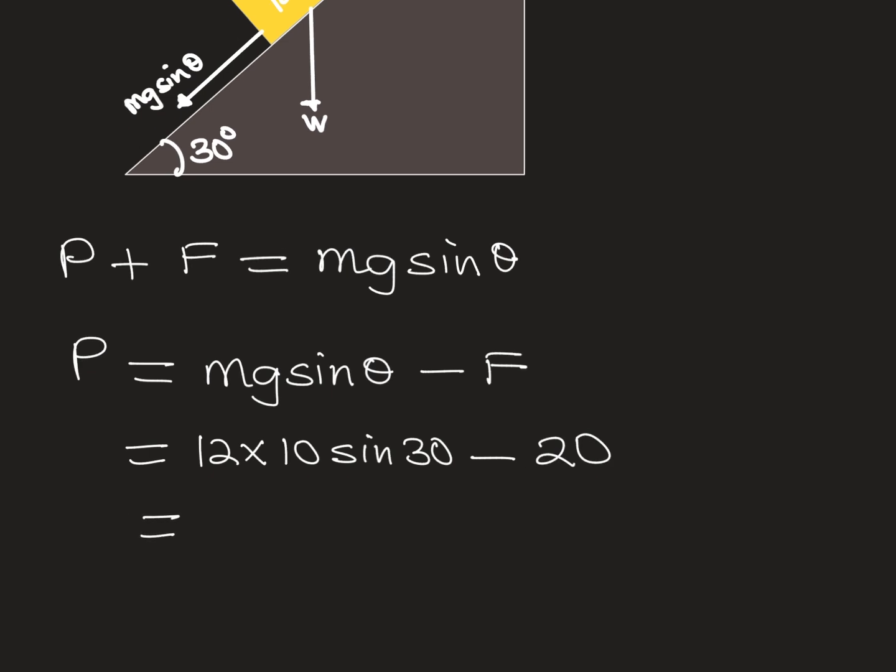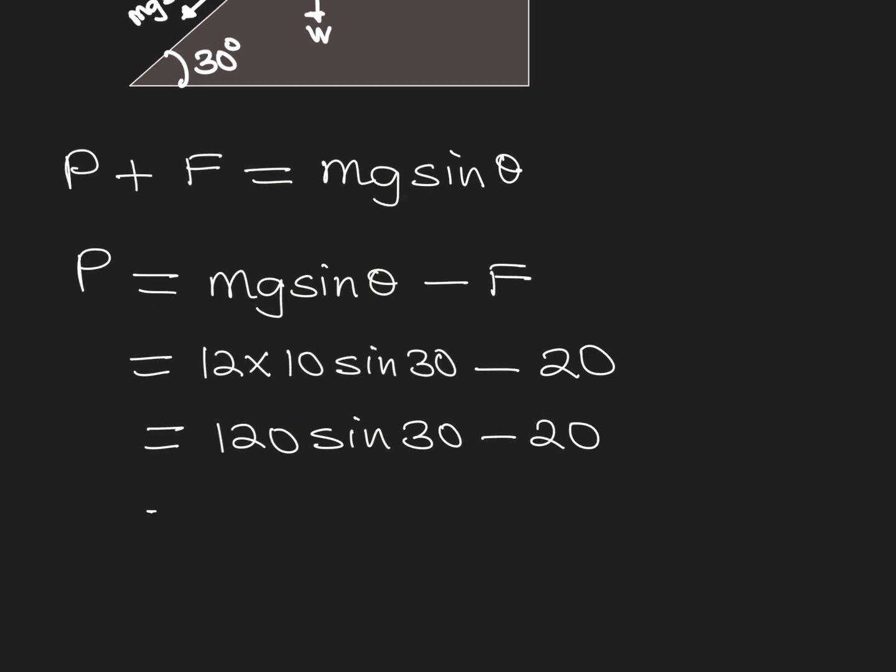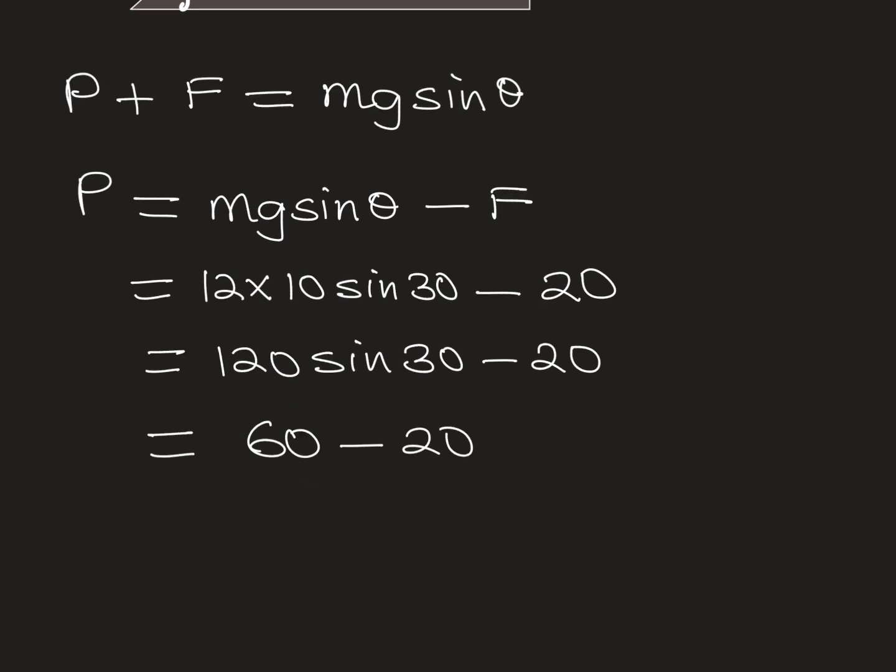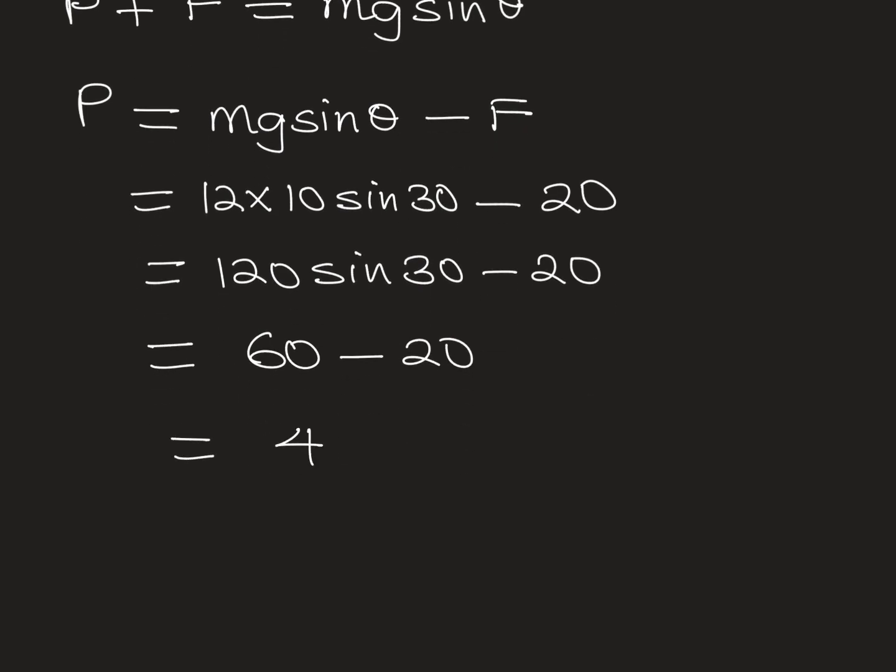So that will be 120 sine 30 minus 20, and 120 sine 30 is 60, minus 20. 60 minus 20 will be 40 newtons. Okay? That answers the question.